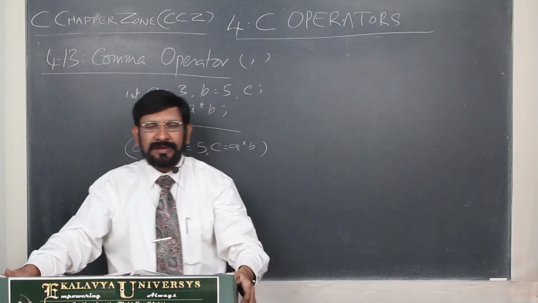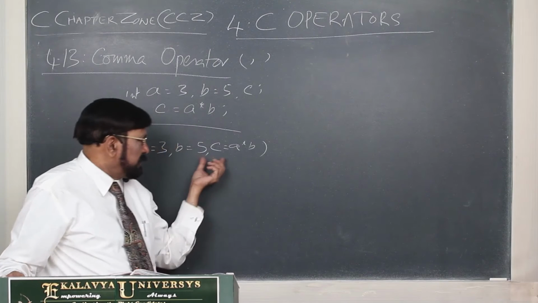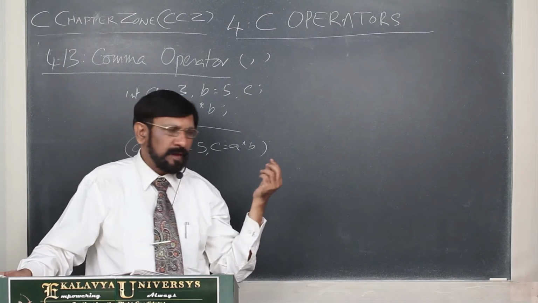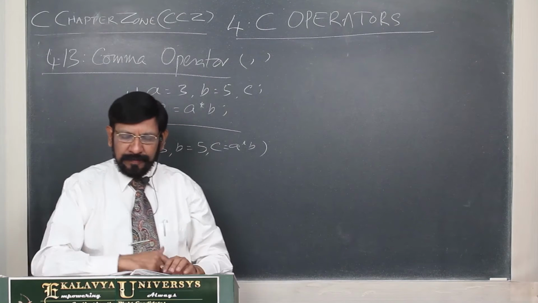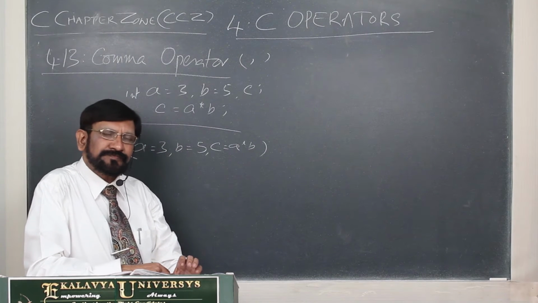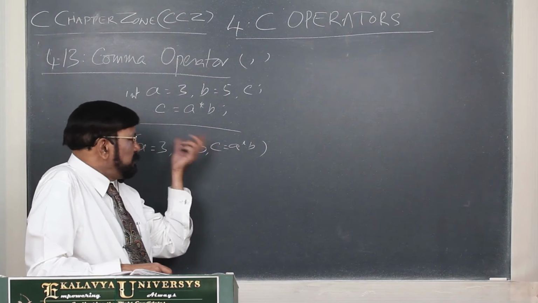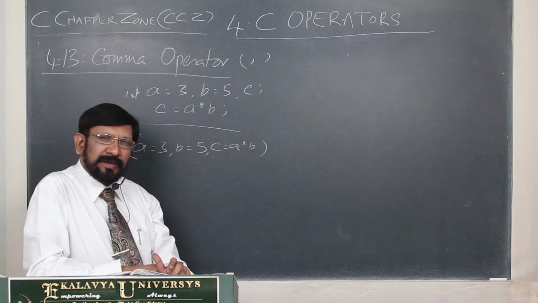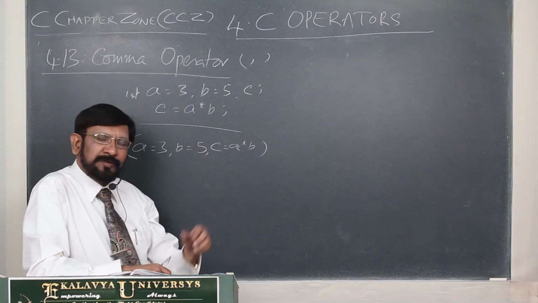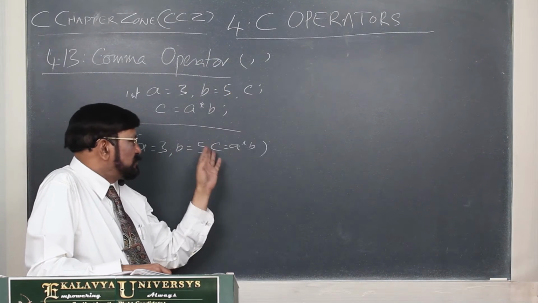In this manner, by separating the expressions with commas, you can write. What is the advantage? You can simplify the code. It is more readable. Where you have this type of requirement, instead of writing this, you write this one.